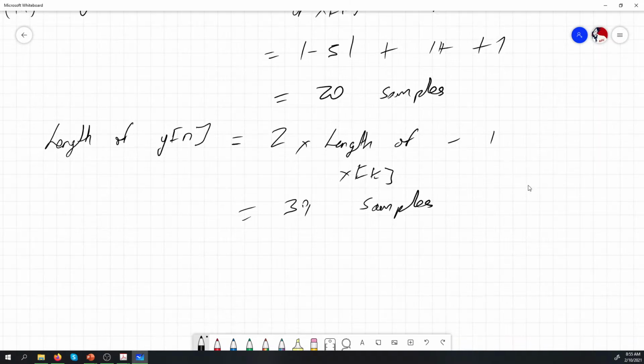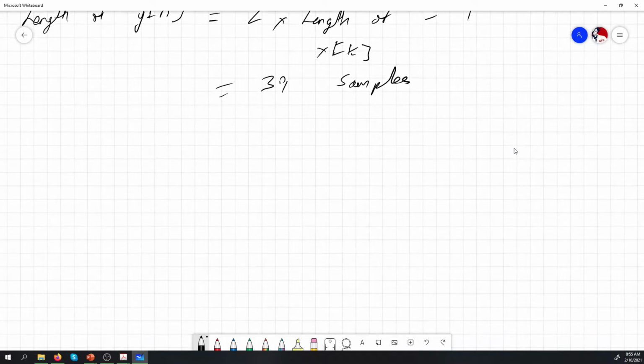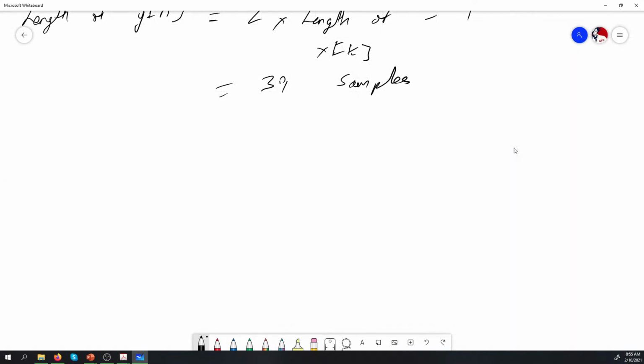So let's illustrate this a little bit to explain why we get this. Let's say in our particular case, if x of k here was in between minus 2 and 2, the length here was 5 samples.